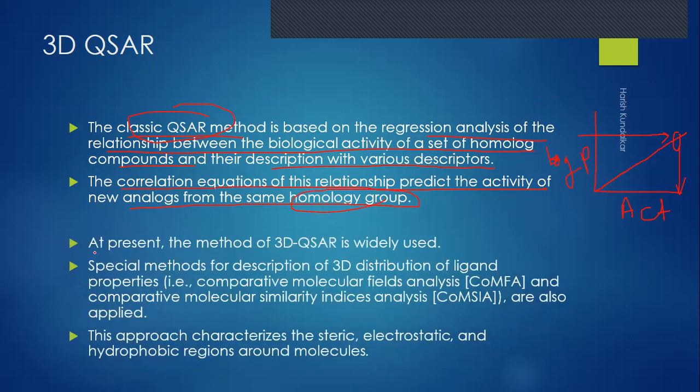But in addition to classical QSAR, at present the 3D QSAR methods are widely used, and special methods of describing the 3D distribution of ligand properties are used in these methods. For instance, one of the most widely used methods is CoMFA, comparative molecular field analysis. Then we have CoMSIA, comparative molecular similarity indices analysis.